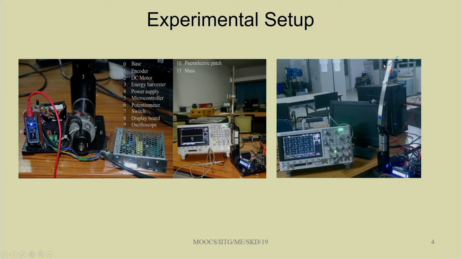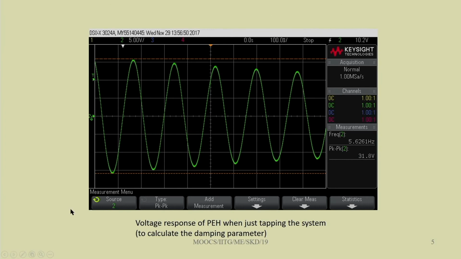You can see some piezoelectric pads are put on the beam, and when the shaker is given a force in the upward direction, the beam moves in the transverse direction. Due to this transverse movement of the beam, the piezoelectric pads get strained and due to that, voltage is generated. If you take this voltage, you can see it on the oscilloscope.